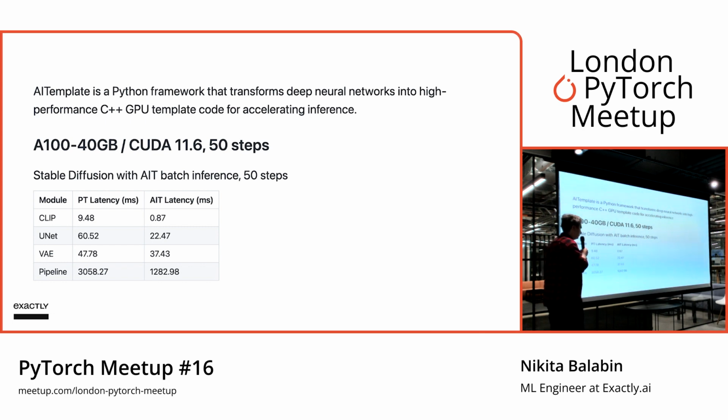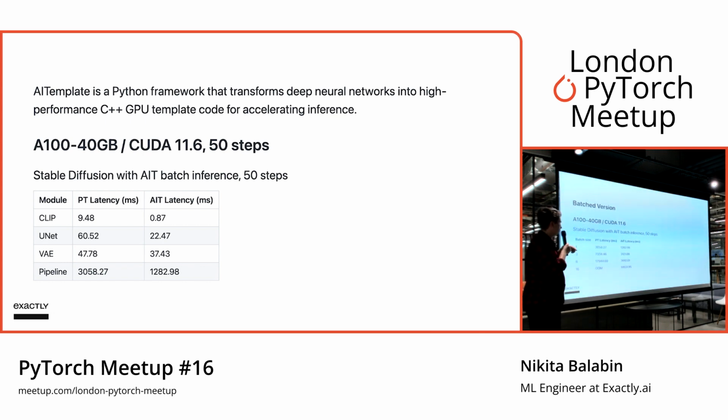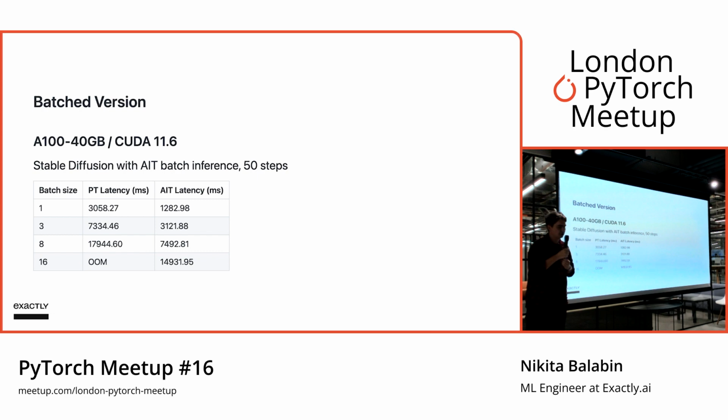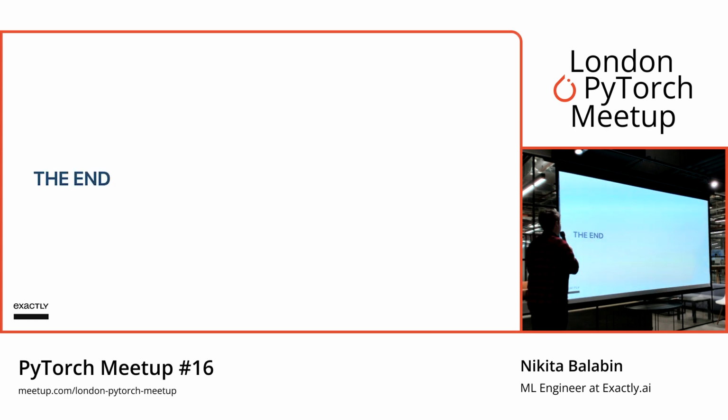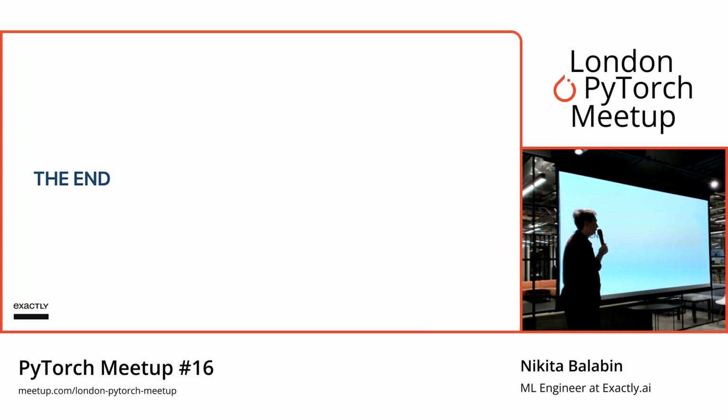We tested it for Stable Diffusion, and it works really great, giving up to a 3 times speedup. Next slide, it really works well with larger batch sizes. It's really easy, and please use it because it costs you nothing, but it speeds up your networks really well. Thank you.